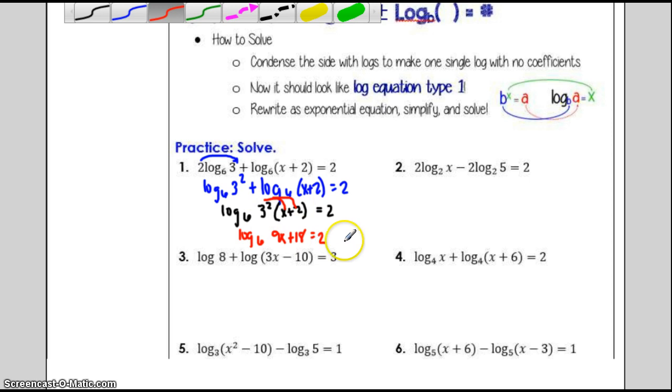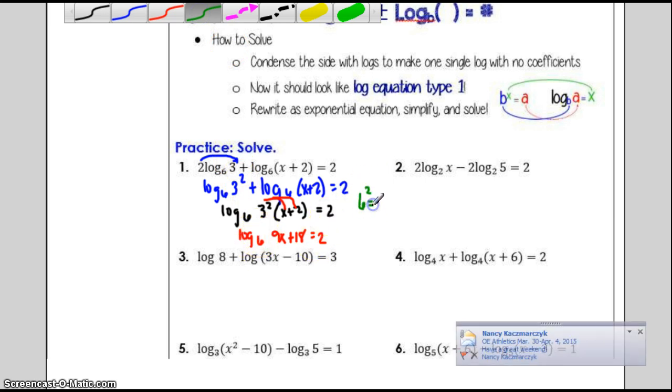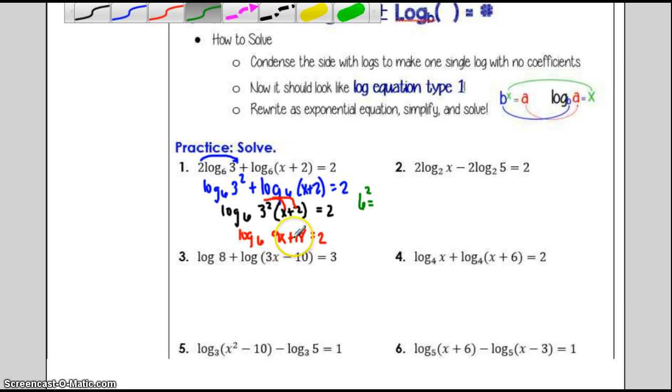So now we're going to rewrite it so we can solve it. So our base is going to be 6, our exponent 2, so 6 squared equals 9x plus 18. So then what we're going to do is finish solving.